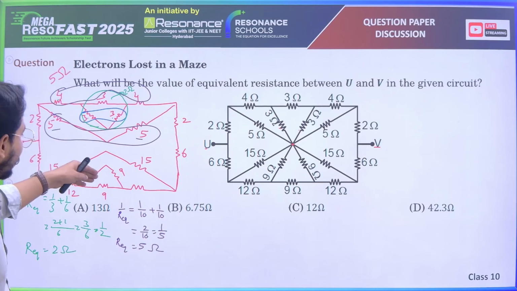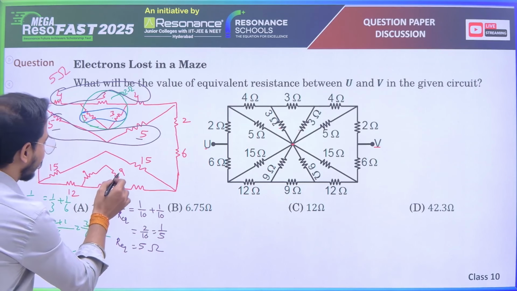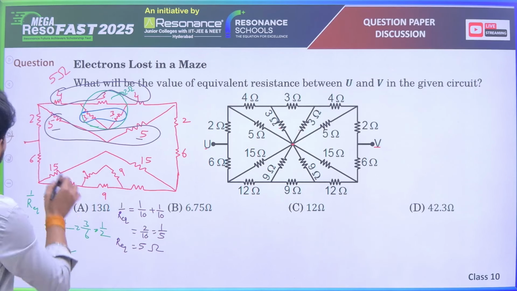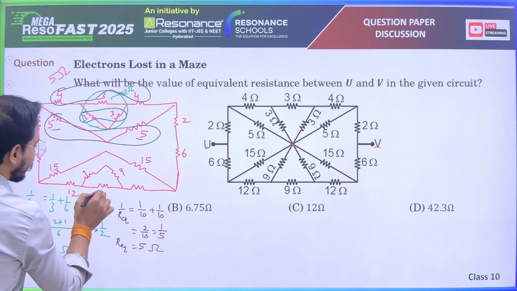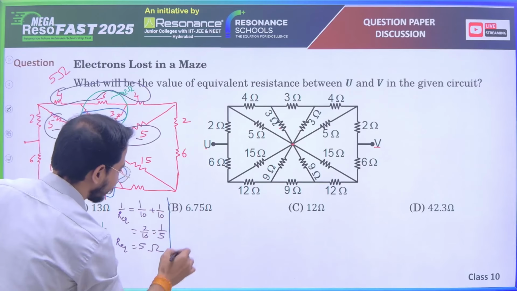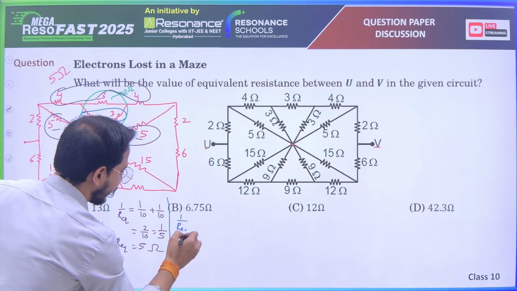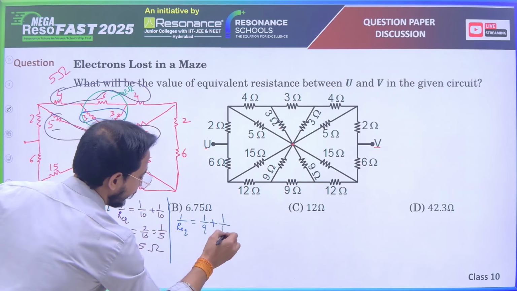Similarly, we will do it for the below case. Here it is 9, here also it is 9, here also it is 9. So for R equivalent of all this, 1 by R equivalent is equal to 1 by 9 plus 1 by 18.